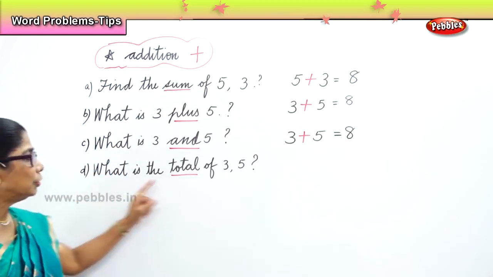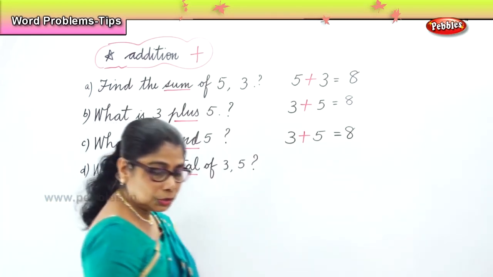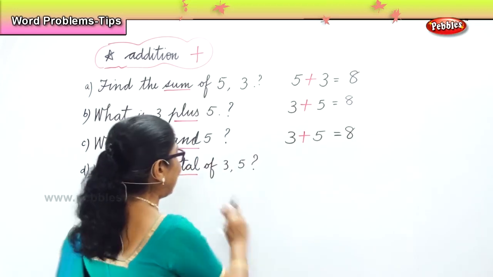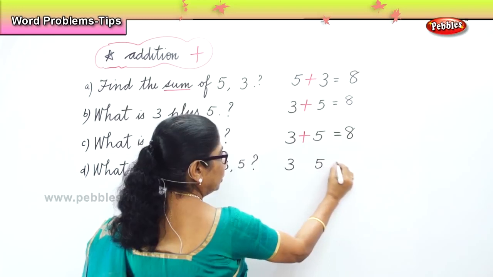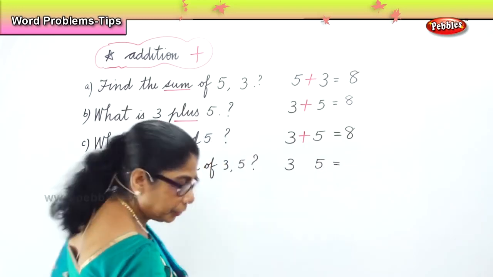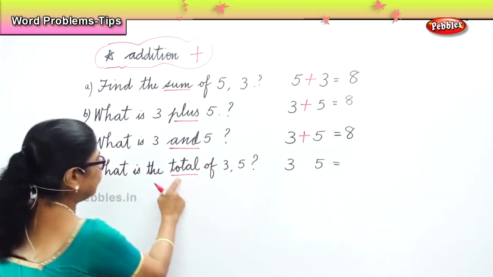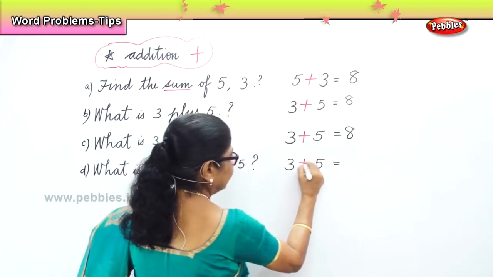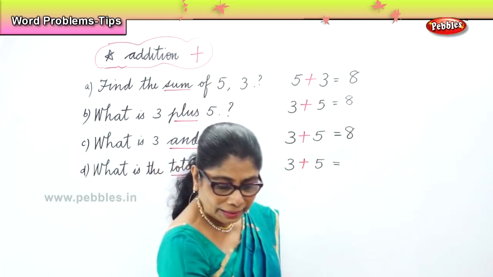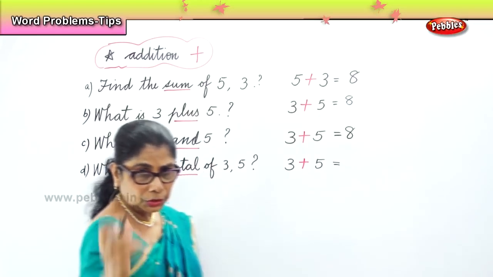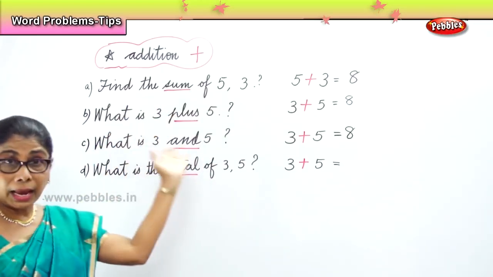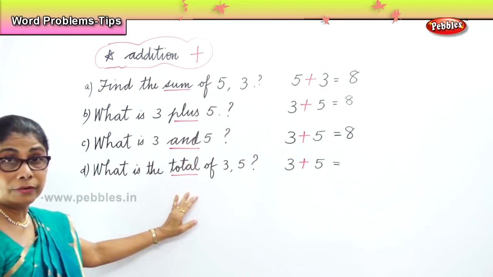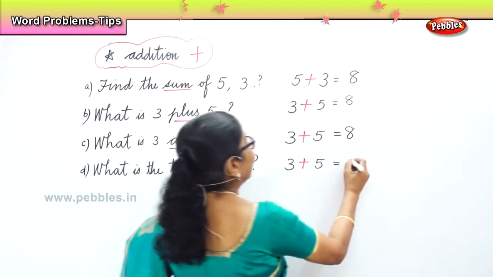We must remember: what is the total of 3 and 5? What is total? Total means plus. You get that? All these wordings you need to bear in mind: sum, plus, and total. So 3 plus 5, 8.